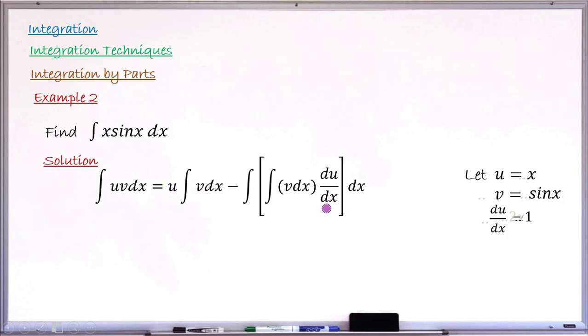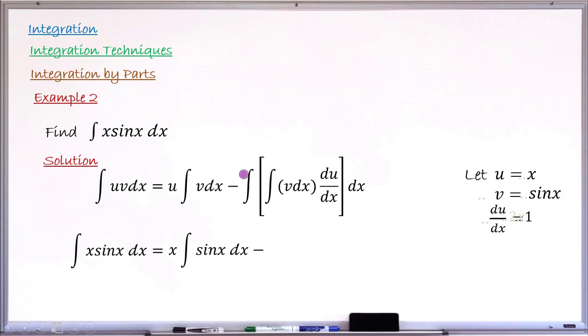So in an attempt to find the integral of x sine x, I will make use of this formula, and I will now substitute. I'm going to have my u, which is x, and my v, which is sine x. So this part will now be x times the integral of sine x dx, minus.